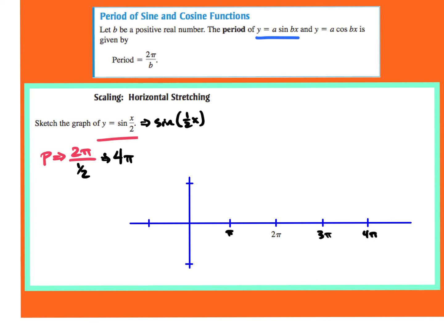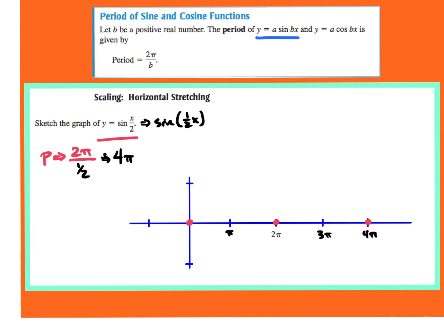If we truly understand what sine does, where it starts and where it's going to finish, we can graph this pretty quickly. Where does sine start? 0. Does everybody agree? So where's it going to end? At 0. In the middle, it's going to be 0.